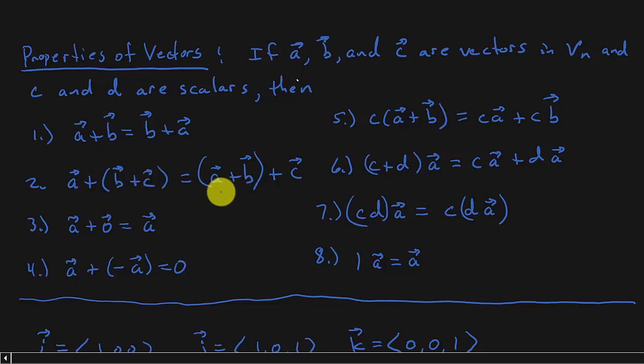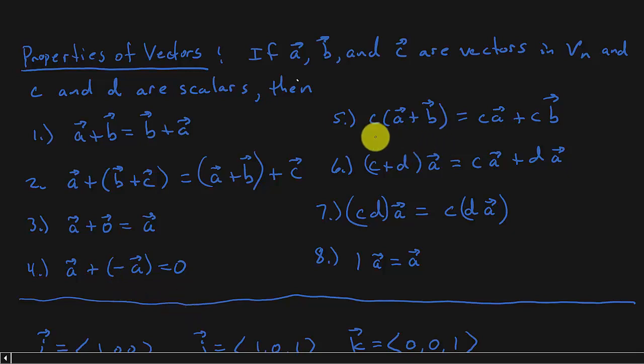The associative property holds. It doesn't matter if you add the first two and then the last one, or the last two and then the first one. Okay? And vector A plus the 0 vector is equal to vector A. And then A plus negative A, the opposite, well, that's going to be 0.